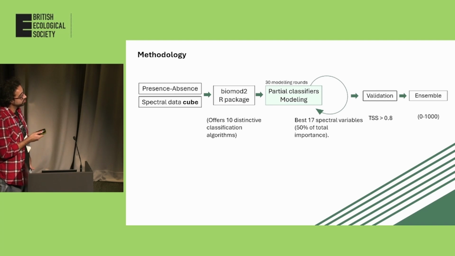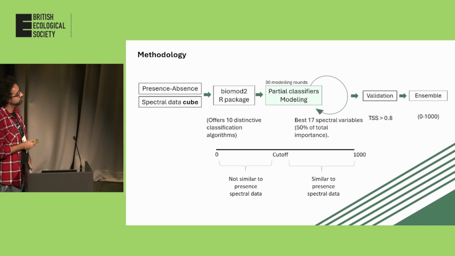The final result is a continuous result from 0 to 1000, but we can transform this into a binary result by applying a threshold, a cutoff, where below the cutoff the pixel is not similar to the pixels that we gave as presence.